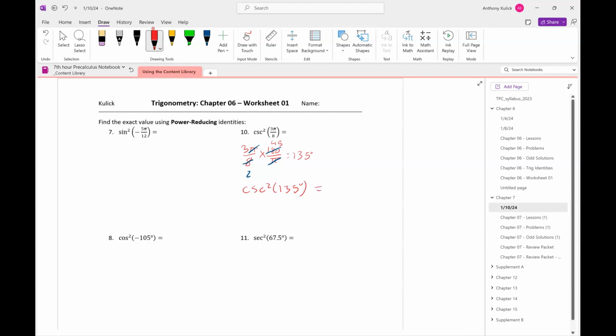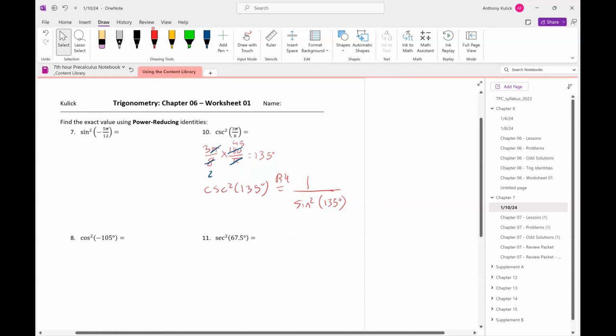But I remember from last chapter that cosecant is the reciprocal for sine. So I can do that. And now I can do my power reducing identity for sine.